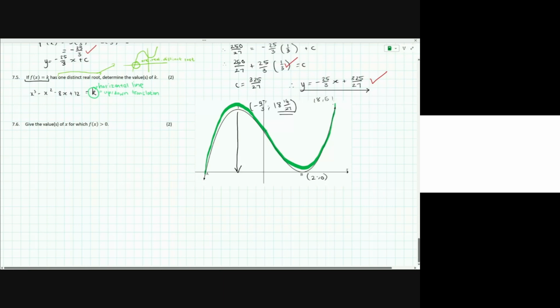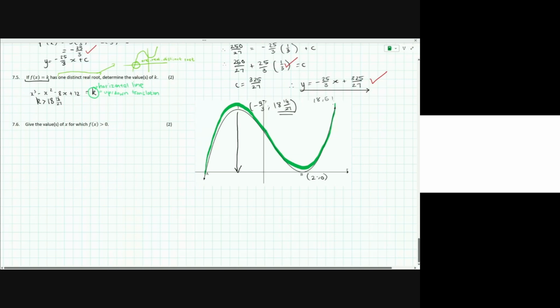So as long as I move it just more than 18.51 units, it's going to go below the x-axis. So I must move it just more than 18 and 14/27. Why we chose this value, I have no idea, but there we go.